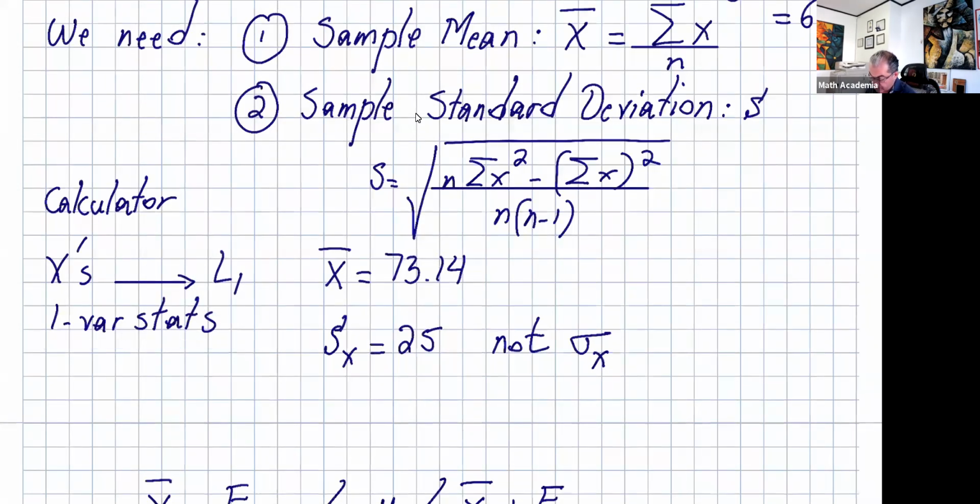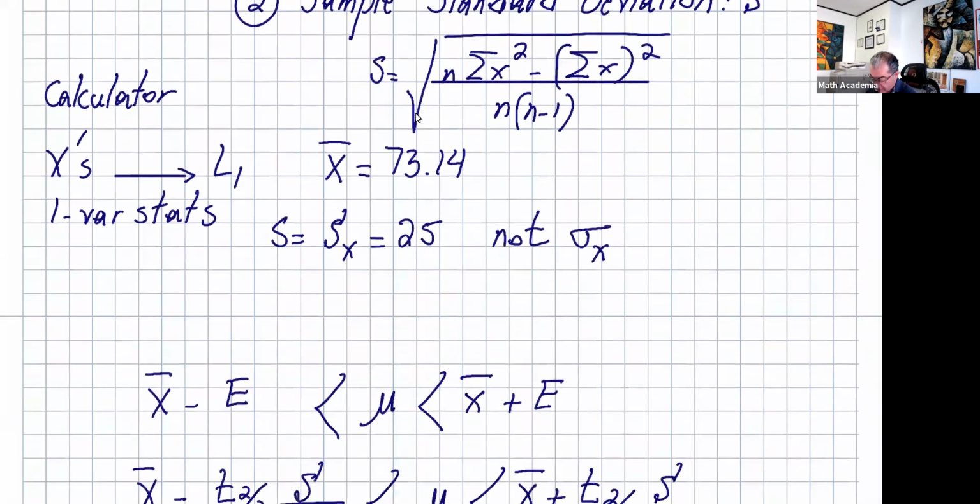If you do that, you get s is 25, or Sx, the calculator writes Sx. And the mean is 73.14. So obviously here we have s, so we're going to use t. And on your calculator, do not use sigma x, because we're dealing with sample standard deviation.